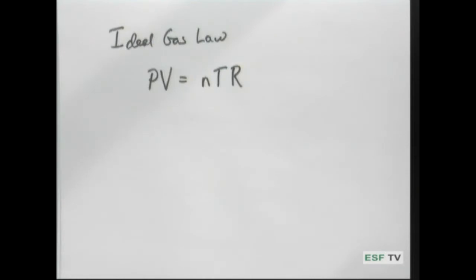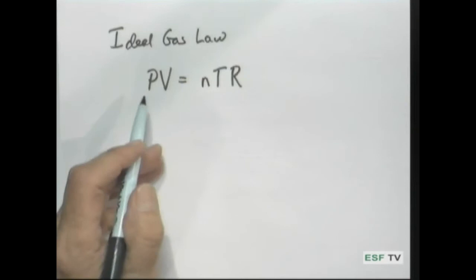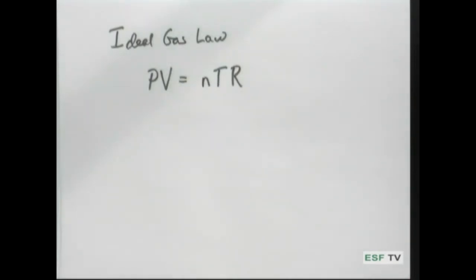Okay. Now let's look at this equation in a bit more detail. Let's look at the left side over here, pressure times volume, and have a closer look at what that quantity looks like.